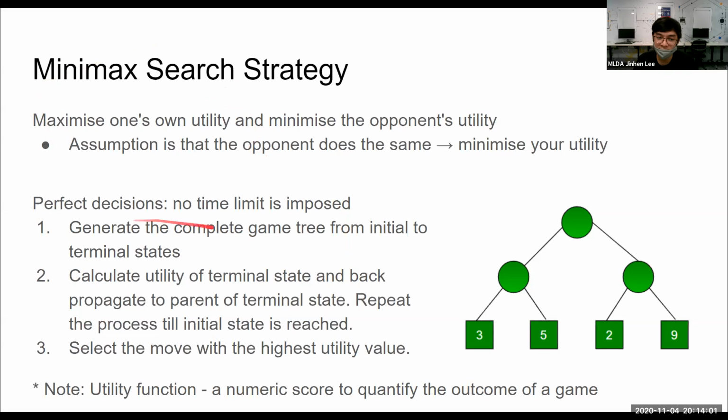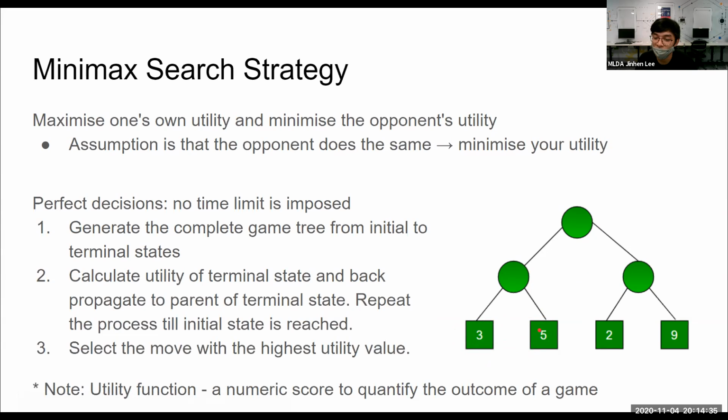So in a perfect decision where no time limit is imposed, what we can do is generate the complete game tree from the initial to the terminal states. So in this example, we generate all of it. We calculate the utility of the terminal states and back propagate to the parent of the terminal state, and repeat this process until the initial state is reached. So we realize that maybe 3 is a not so good win for us, so we assign it a value of 3.